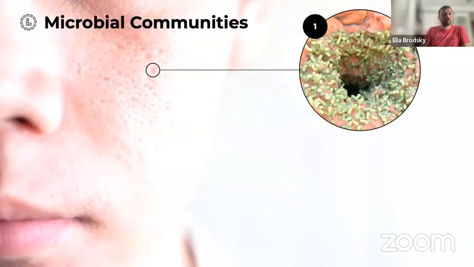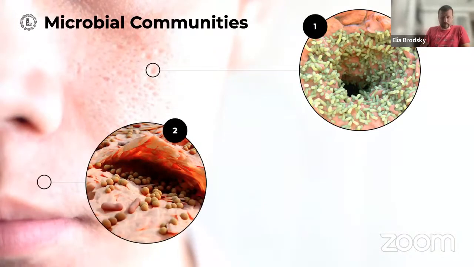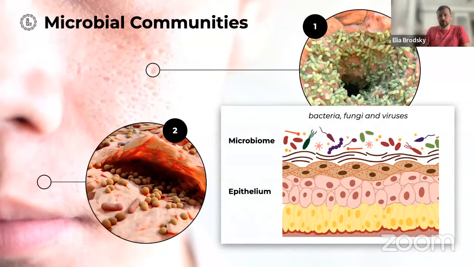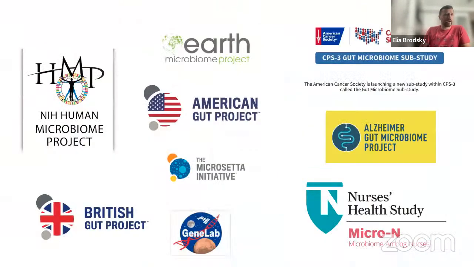We will look at how these bacteria form communities and how we can analyze these communities to understand the relationship between a specific phenotype that we can interpret in a clinical or a phenotypic way and the actual composition of the microbes.